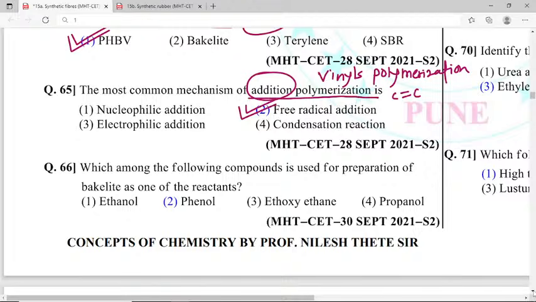Which among the following compounds is used for preparation of bakelite? Used as one of the reactants. Bakelite is very important.